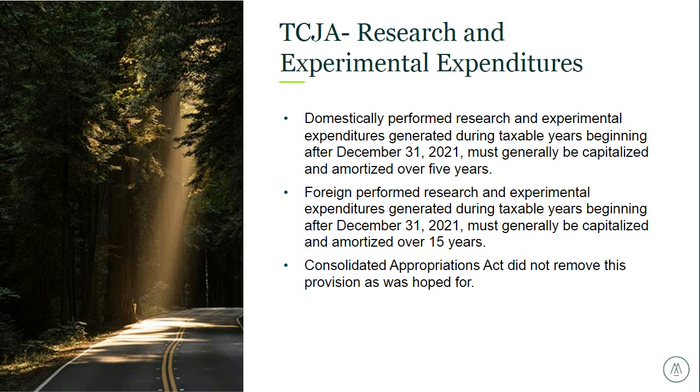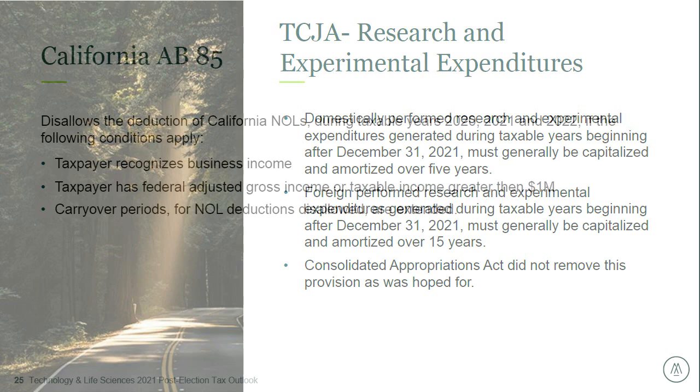If they're domestically performed, you've got to amortize them over 5 years. If they're foreign performed, you've got to amortize them over 15 years. And I know there's been a lot of lobbying against this particular provision, and so we were hoping that the Consolidated Appropriations Act would get rid of it. Unfortunately, it did not. So just something to think about as we move into the next couple of years.